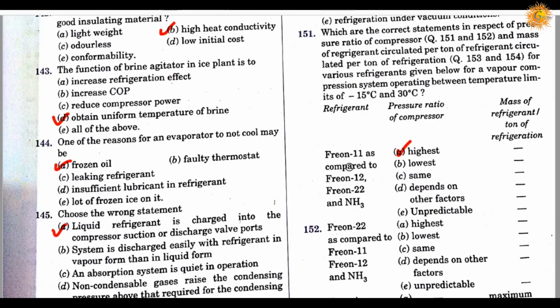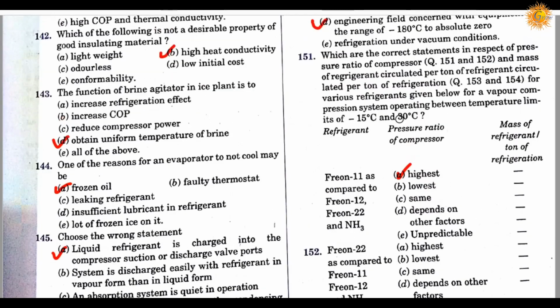Freon 11, as compared to Freon 12, Freon 22 and ammonia, has the highest pressure ratio of compressor, not lowest, not same, so that will be the correct statement in this question.